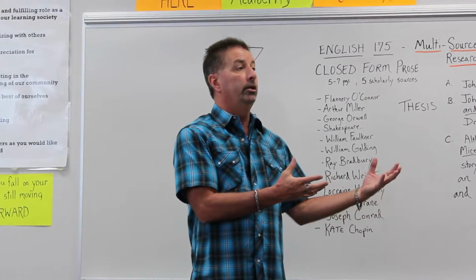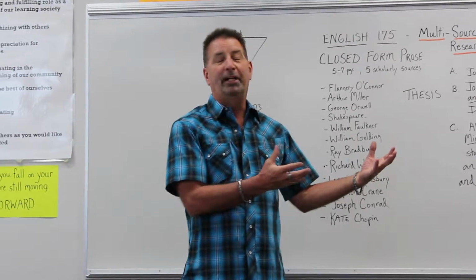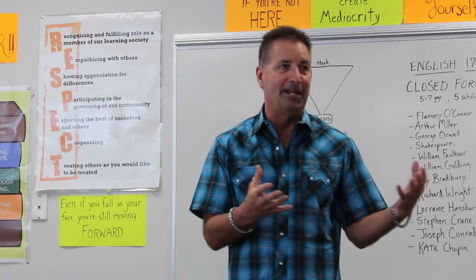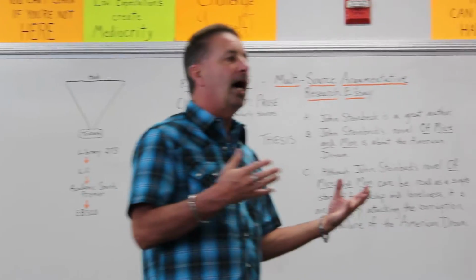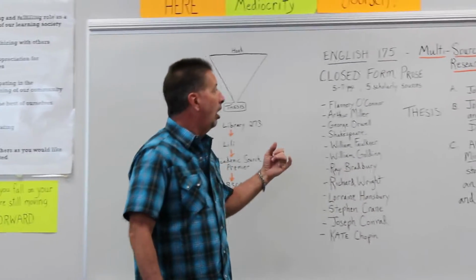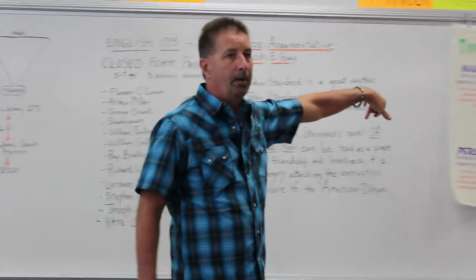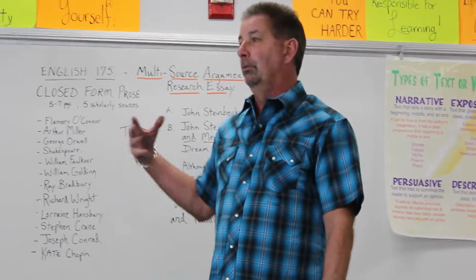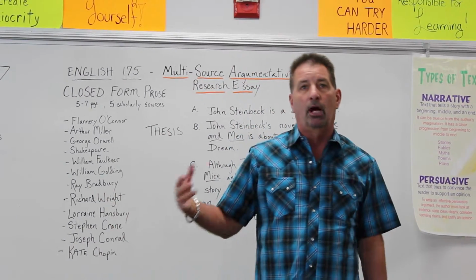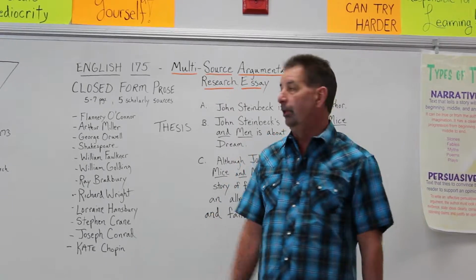So what are we not going to use? Wikipedia. Wikipedia will not work. Okay, the kind of sources we're going to use are all going to come from academic journals, normally published by universities, often written by professors from universities doing their own research.